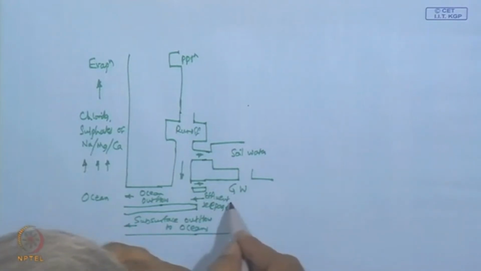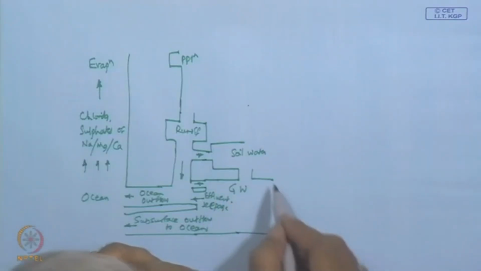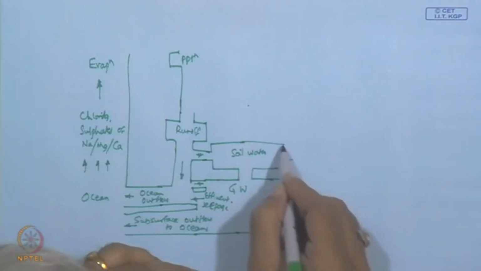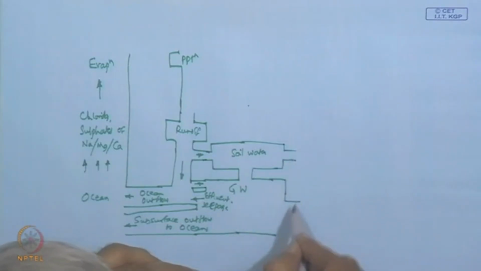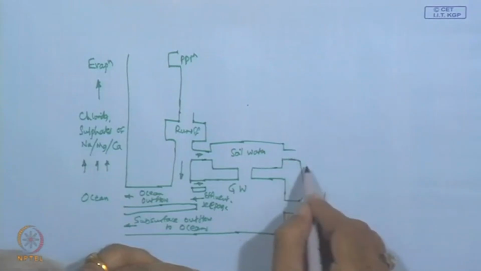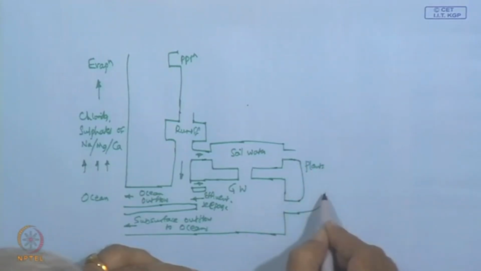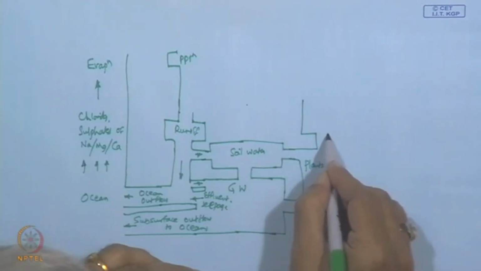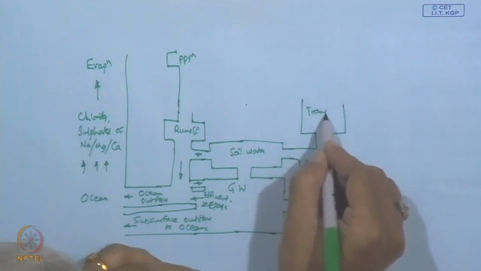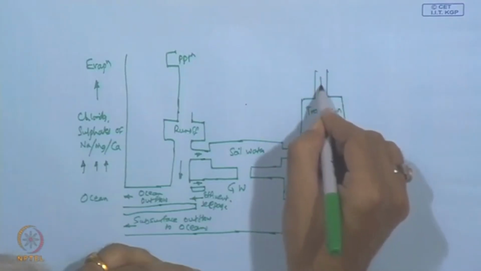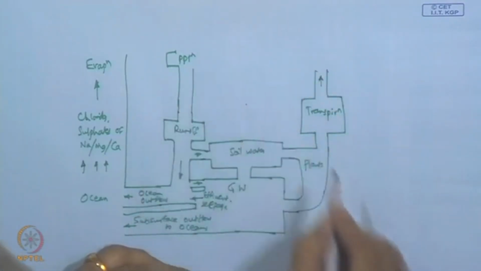And this is the groundwater, and again this, the soil water as well as groundwater, both are absorbed by plants, and from these plants there is transpiration, and again it goes to the atmosphere.